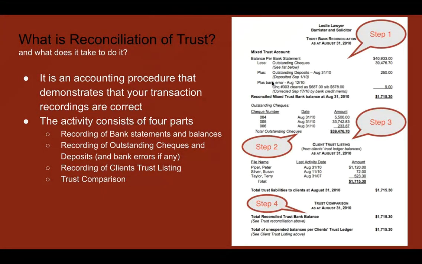As you see here on the right-hand side of my screen, there's a 4-step process to reconcile your trust. Number 1, recording the balances as per your bank statement. Number 2, reducing all your outstanding checks from the balance and adding all your outstanding deposits.